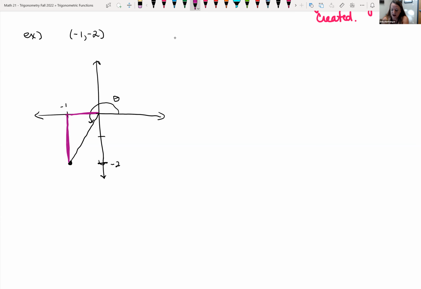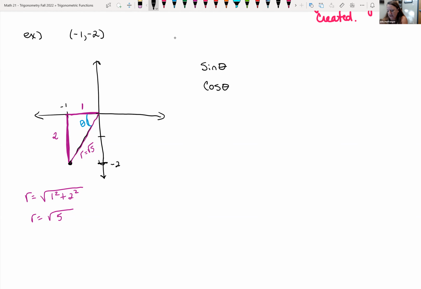The adjacent side to this theta is length 1, the opposite side is length 2, and we can figure out the hypotenuse by looking at the square root of 1 squared plus 2 squared. So 1 plus 4, this gives me r is √5.